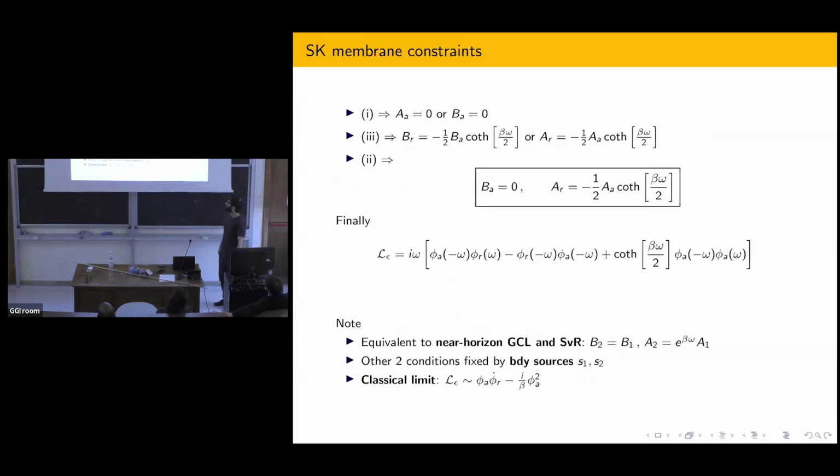Doing that basically gives me a solution. I will not show it in detail, but it tells me that B1 must be equal to B2. The regular pieces of the two scalars should be equal. And A1 should be related to A2 in a particular way, as shown here towards the end of the slide. And this is enough to fix the form of the membrane Lagrangian, as shown here.